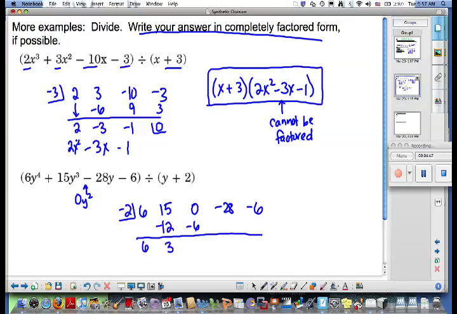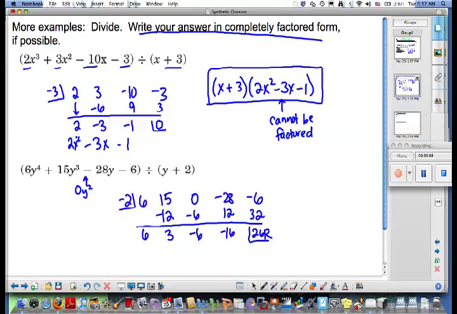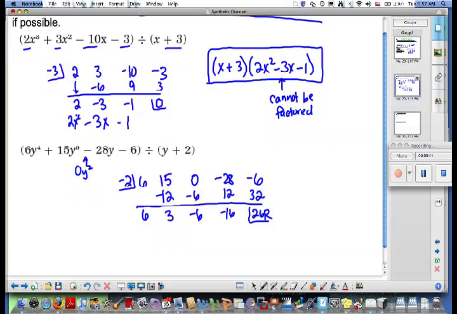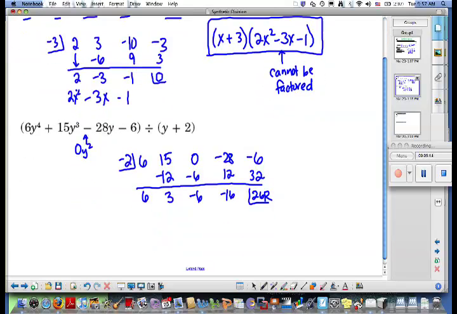0 plus -6 is -6. -2 times -6 is 12. -28 plus 12 is -16. Negative 2 times negative 16 is 32. And negative 6 plus 32 is 26. That is our remainder. So we would write this one. Notice we started out with a y to the 4th term.